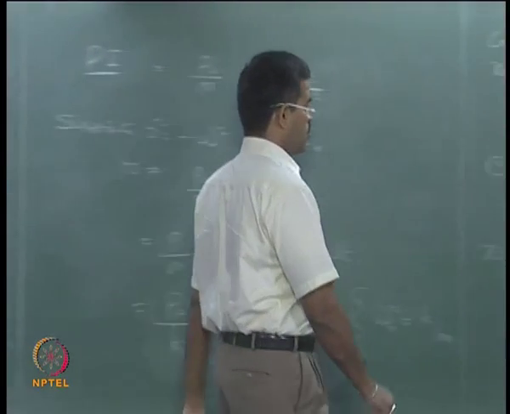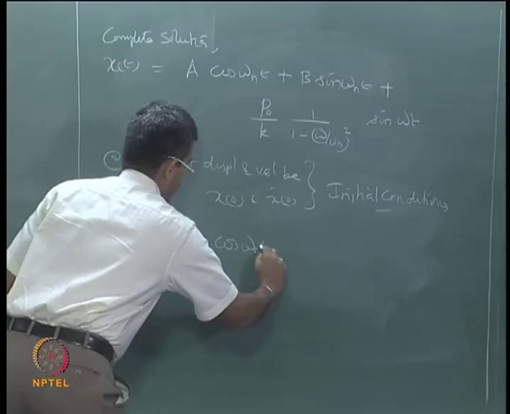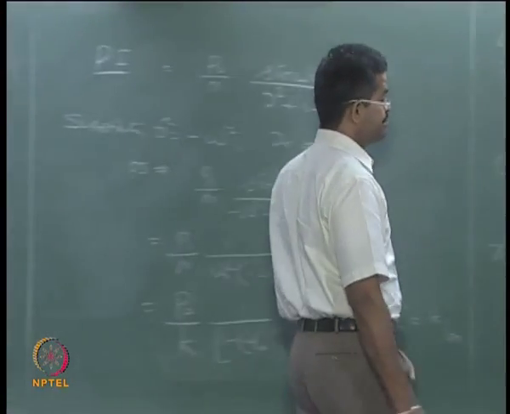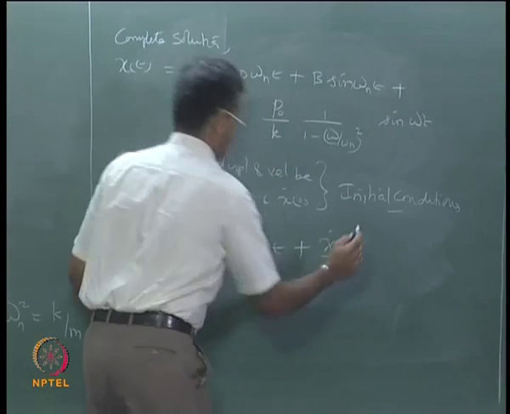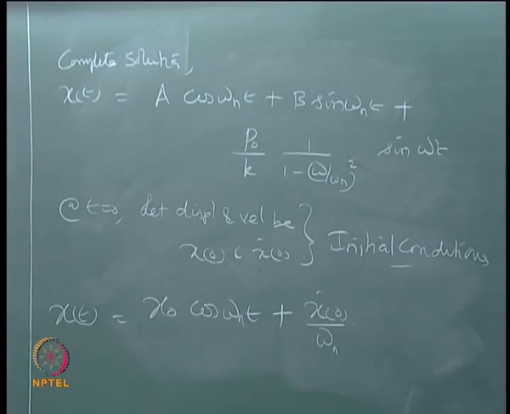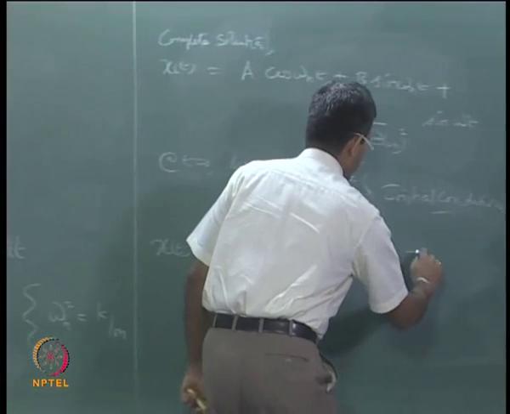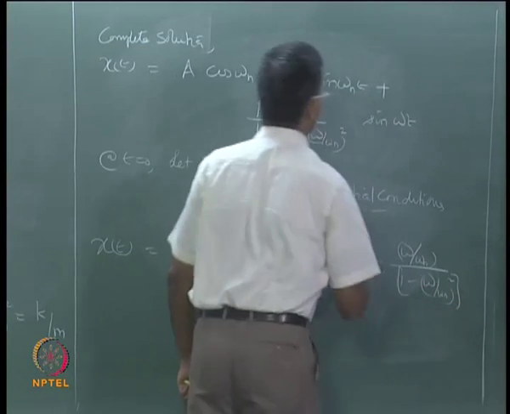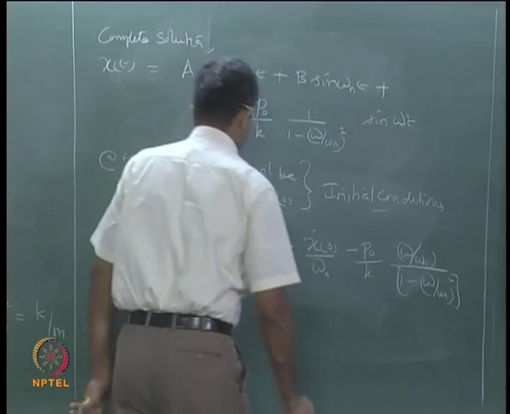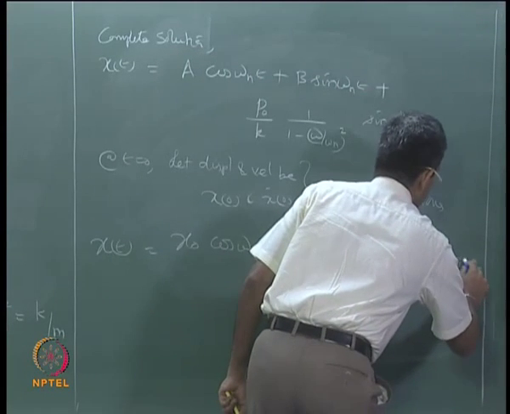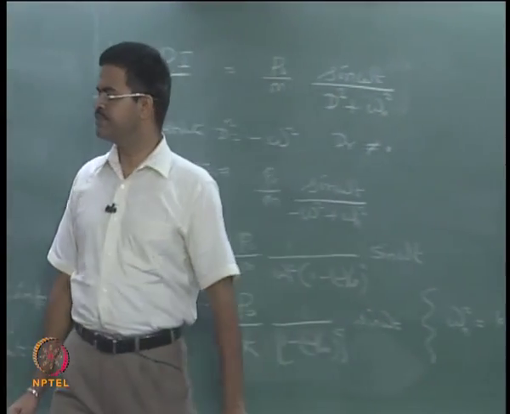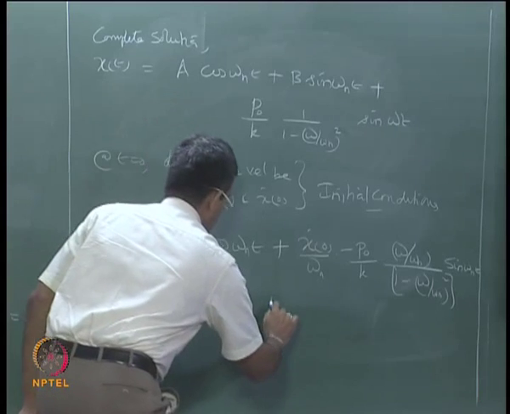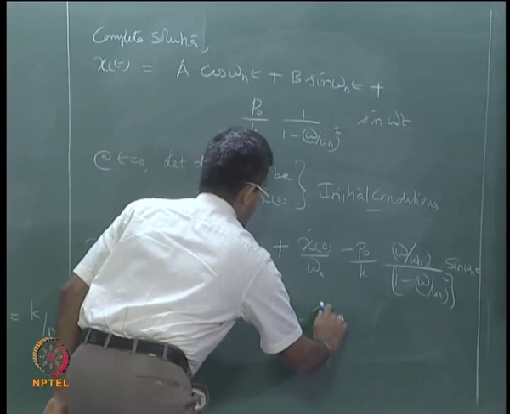So x of t will be x0 cos omega n t plus the b value, which will be x dot 0 by omega n, minus P0 by k, omega by omega n by 1 minus omega by omega n the whole square, of sin omega n t, plus P0 by k, 1 by 1 minus omega by omega n the whole square, of sin omega t.